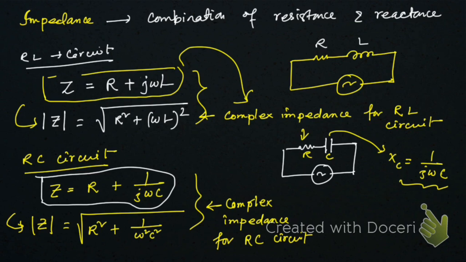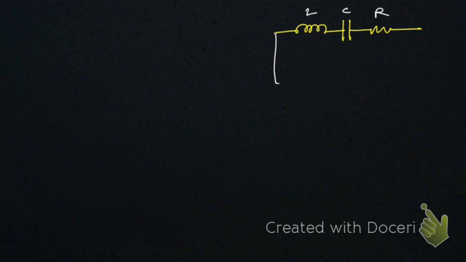Now let us take an LCR circuit. Suppose we have a circuit where we have an inductor L, capacitor and resistance in series. So this is an LCR circuit with an alternating voltage source. Then in this case impedance Z will be given by a combination of resistance and reactances.